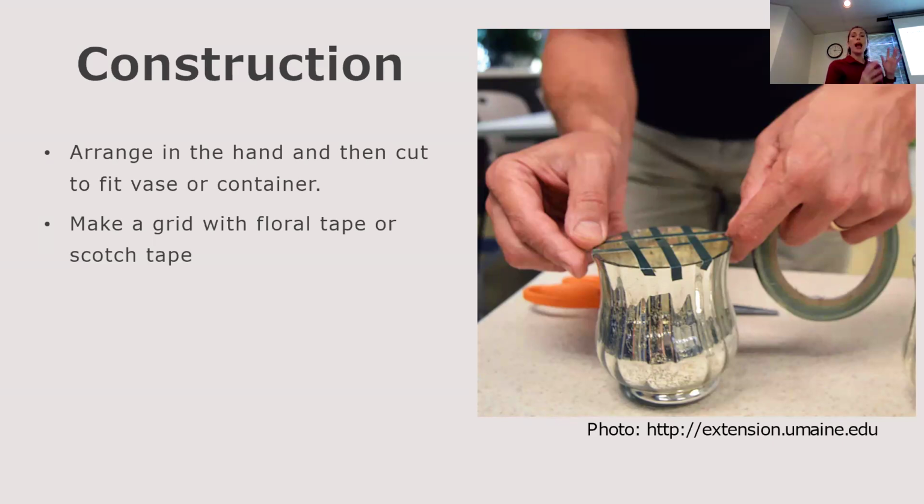Or if you wanted to add a little bit more design work in your heights and stuff, you could make a grid on top of the container with floral tape or scotch tape, and that helps kind of keep your stems in place. And if you're working with the grid, you want to start by filling in the base with greenery, and then you could add probably your height and then fill in from there.